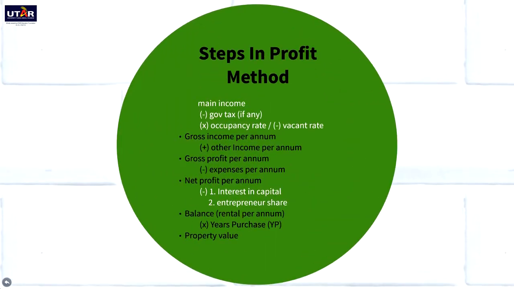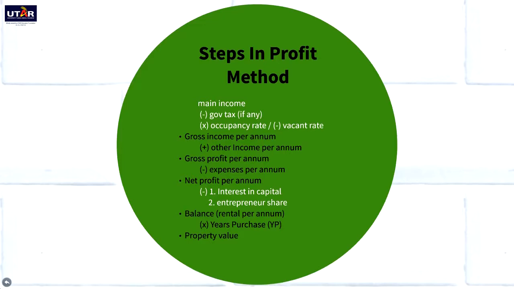The slide shows the steps in the profit method. The profit method starts with the determination of the main income, minus all the government tax if related, times the occupancy rate or minus the vacancy rate, in order to get the gross income per annum. From gross income per annum plus other income per annum, you will get gross profit per annum.